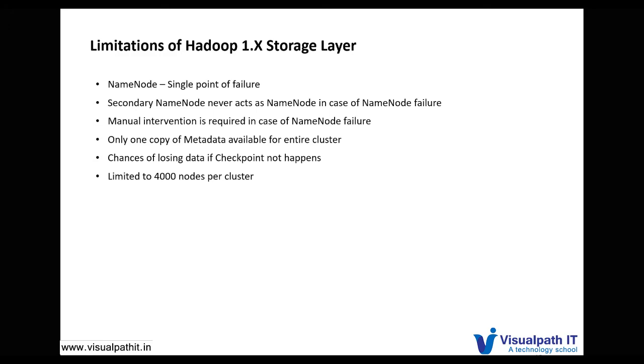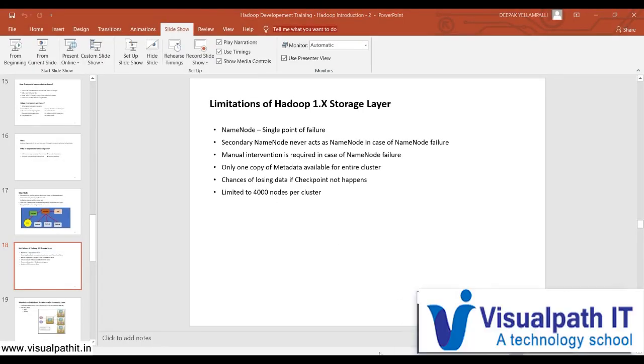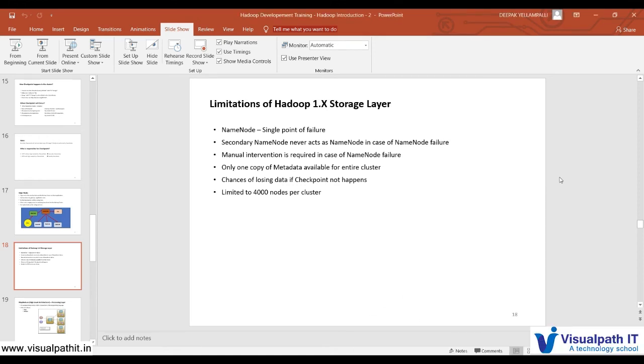One more important point is that it is limited to 4,000 nodes per cluster. Hadoop 1x supports only 4,000 nodes per cluster. It means that in a Hadoop 1x environment, if you want to install 5,000 data nodes in a cluster, that is not possible.